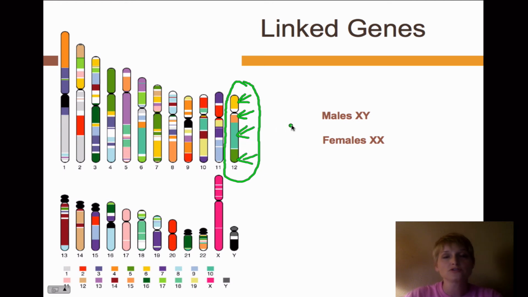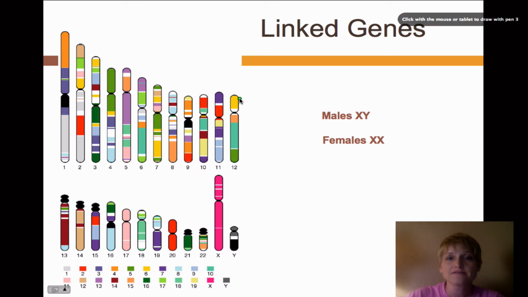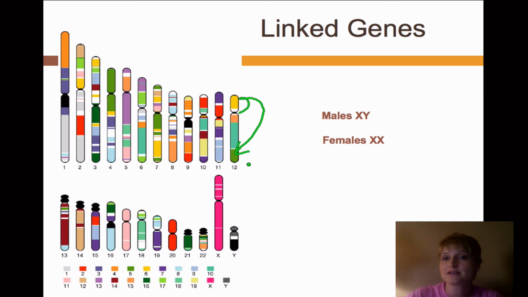Those genes are not necessarily linked, but what we find is that if they are close on the chromosome, then they're probably linked together. But if they're far away on the chromosome, like the yellow and this dark green down here, they're less likely to be linked. The farther away they are, they don't have an impact on each other.